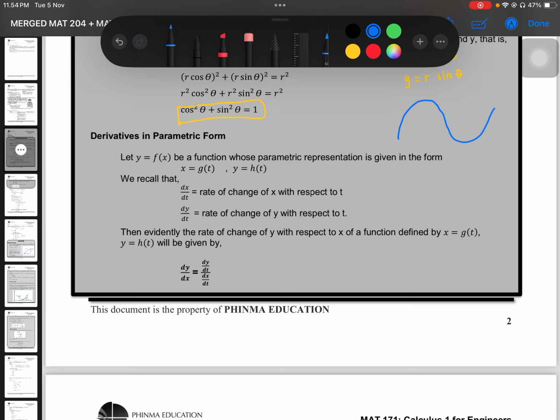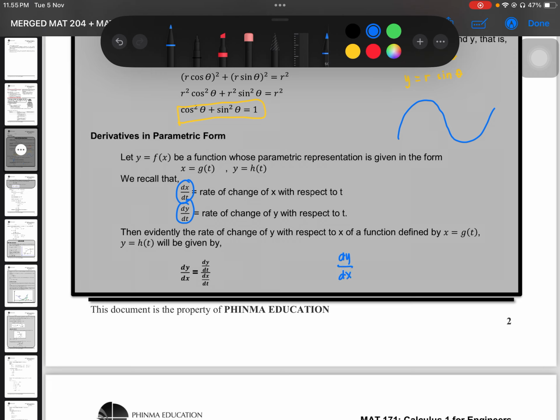Tama? Okay. So, we have this dx over dt, wherein the rate of change of x with respect to t, and then we also have dy over dt, which is rate of change of y with respect to t. Kasi magkaiba yung equation ng y and x natin. Okay. So, kung dx over dt and then dy over dt, ang kailangan pa rin natin is the dy over dx.